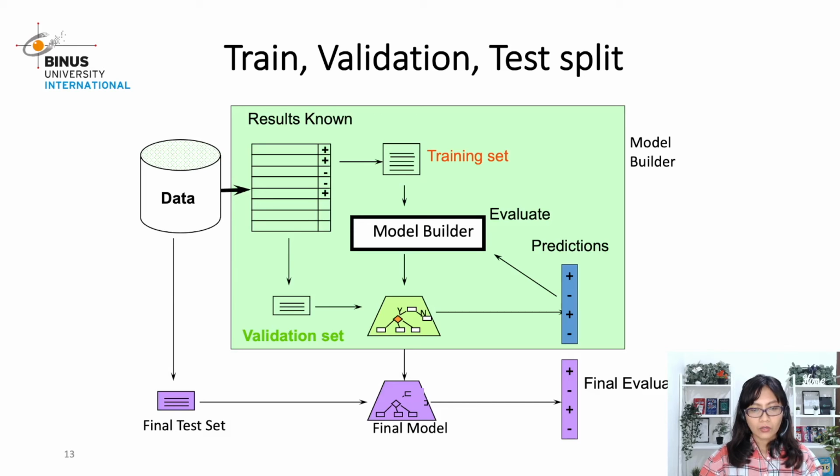So we have the final evaluation here. This is the one where we can claim this is our model performance. But before this, we have a validation set in the middle of the process.